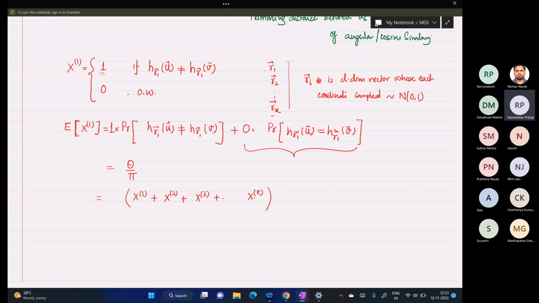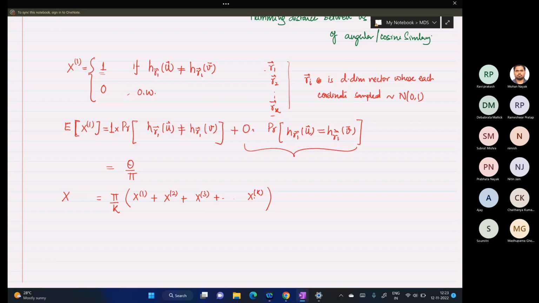So we are trying to define a new random variable which captures the angular similarity. This x is our new indicator random variable, and we are scaling it by pi by k.